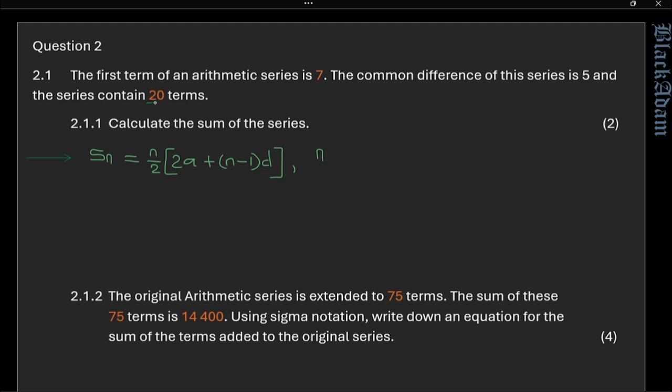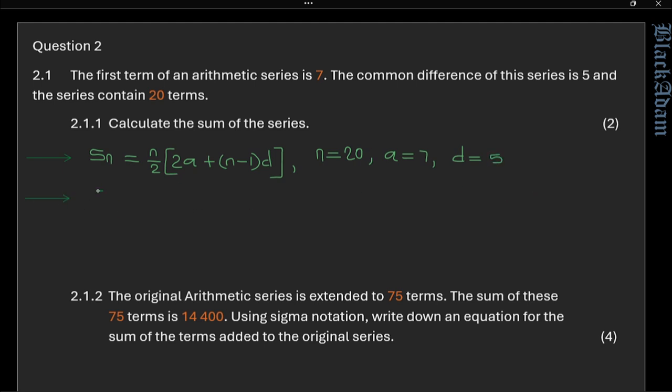Let's find out: our n is 20, and our a we're told is 7, and our d, our common difference, is 5.